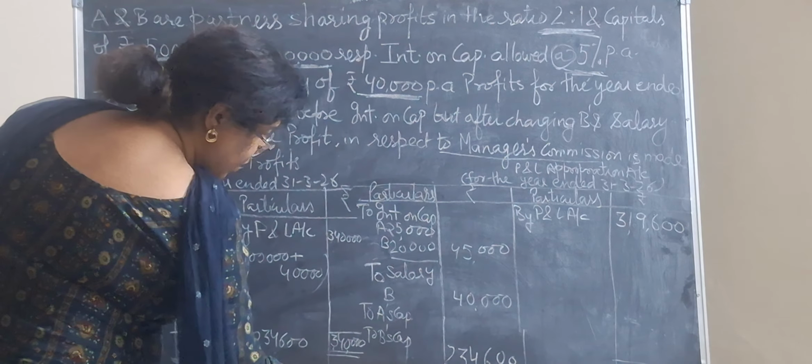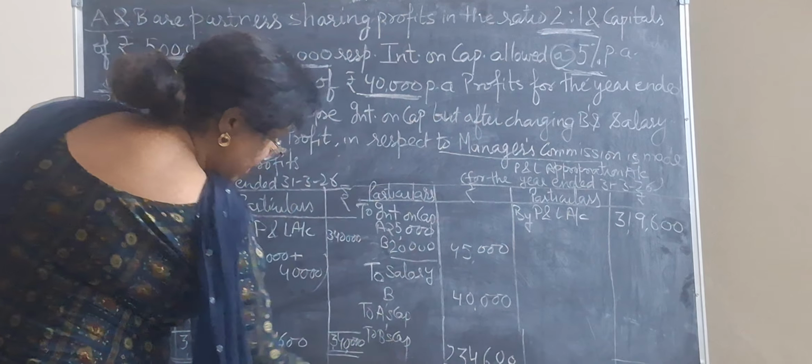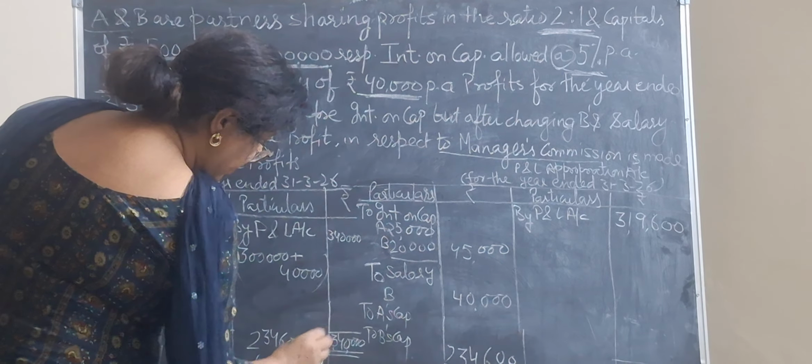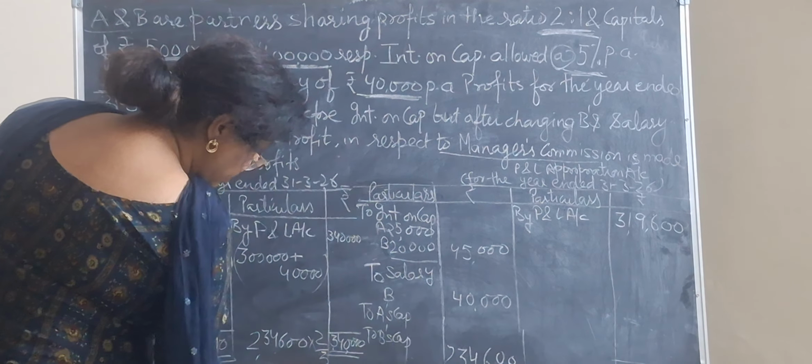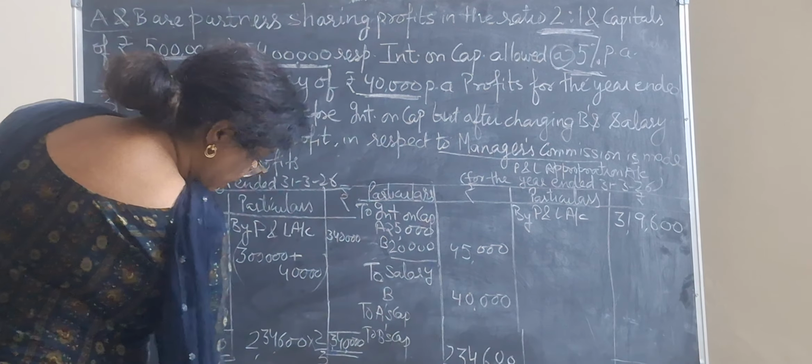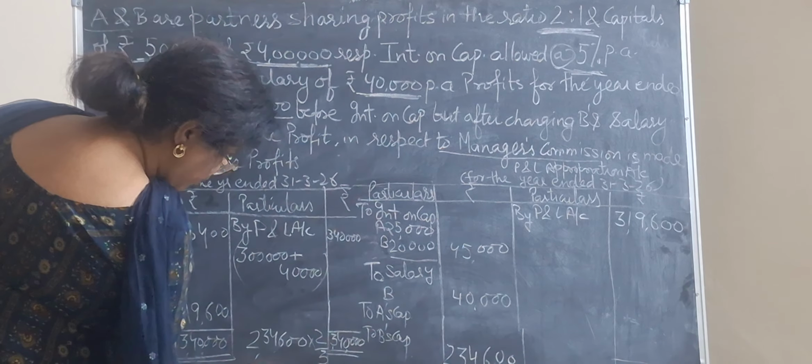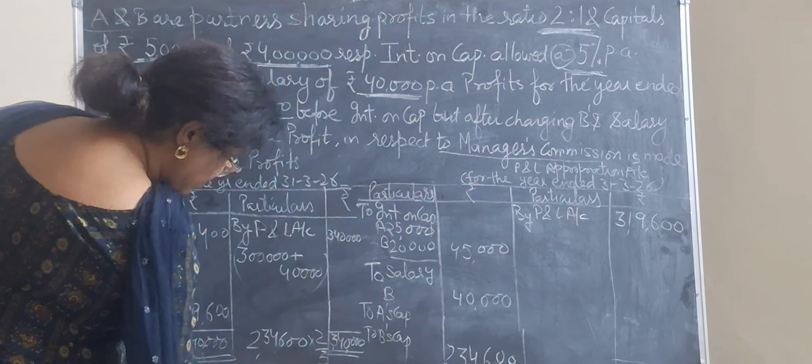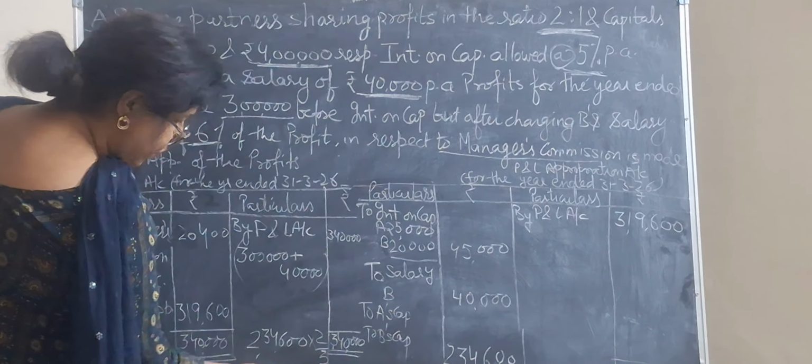2:1 means 2 plus 1, that is 3. So it will be 2/3 and 1/3 of 2,34,600. Just cancel with 3.